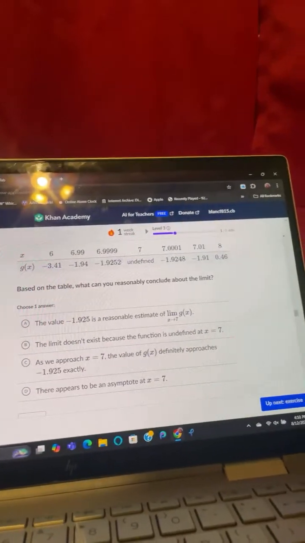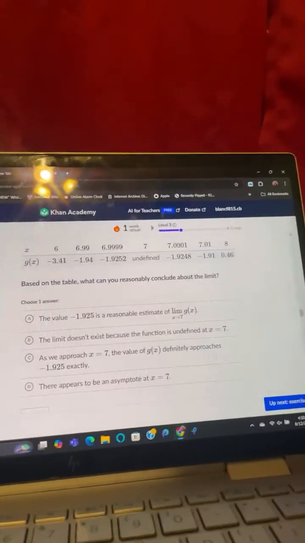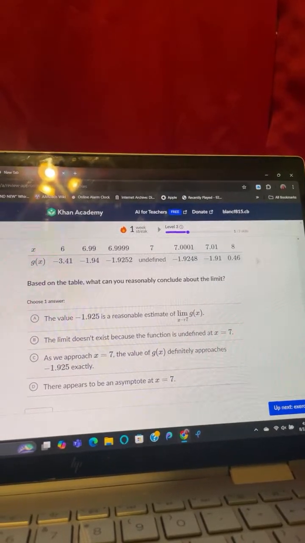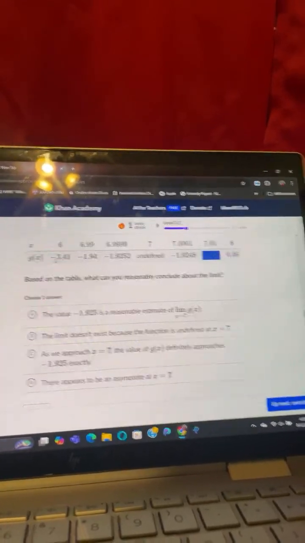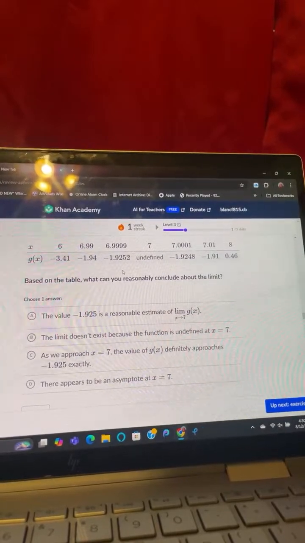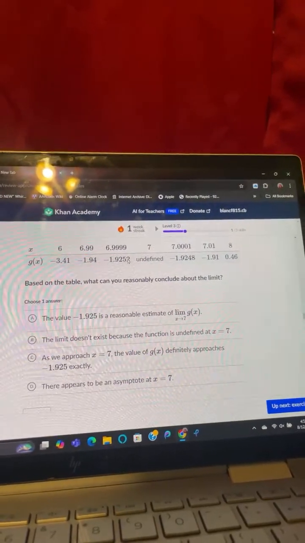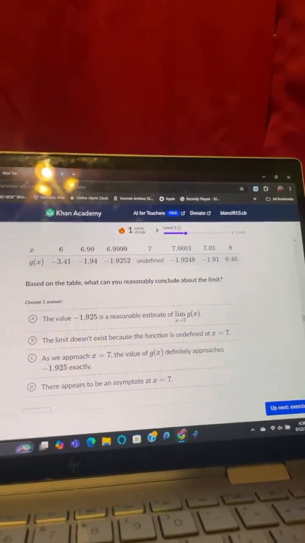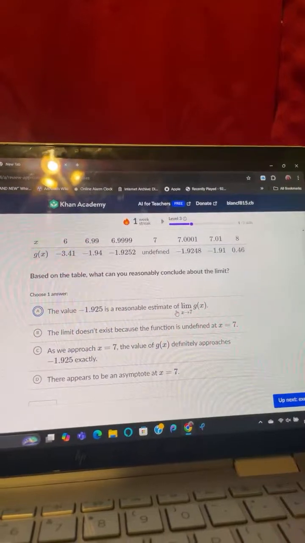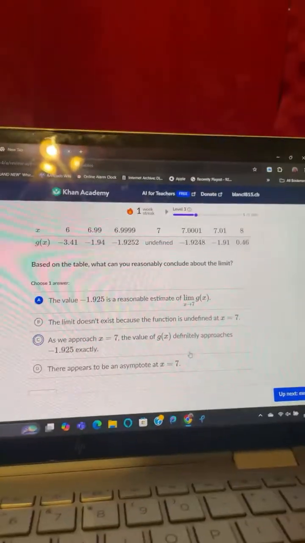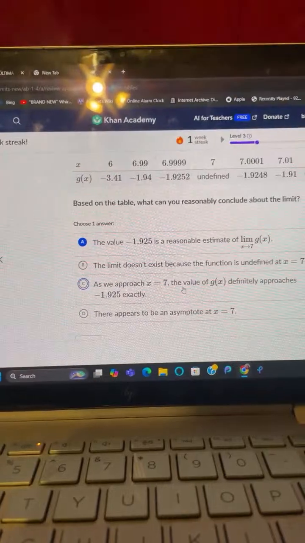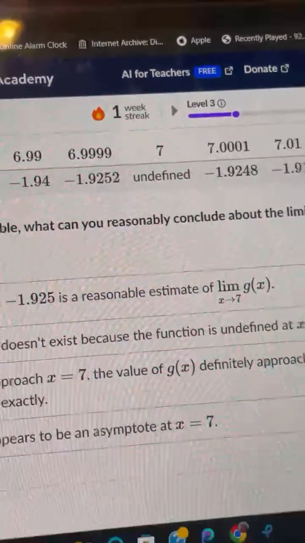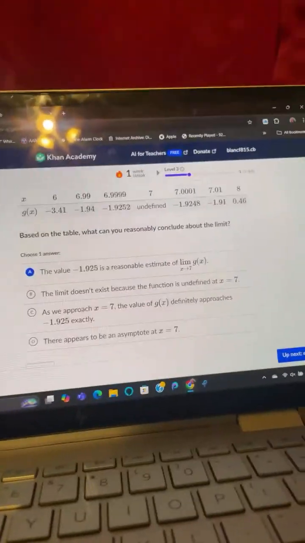Alright, then we go here, 6.99999, 7.0001, that's what we want. And as we look here, it gets closer and closer. And it looks like it's going to hit 1.925 if we look closely. Definite. But unfortunately, 7 is undefined, so we cannot see.